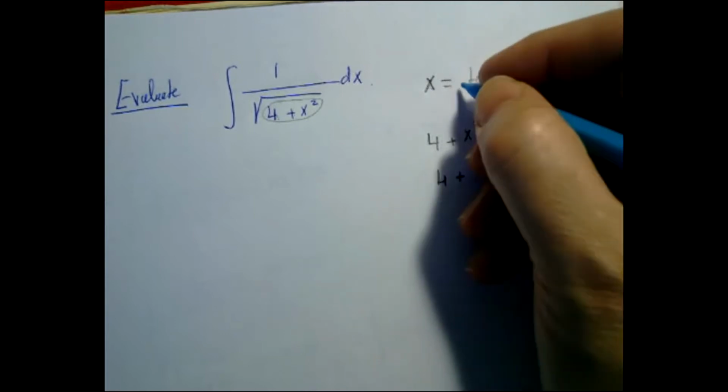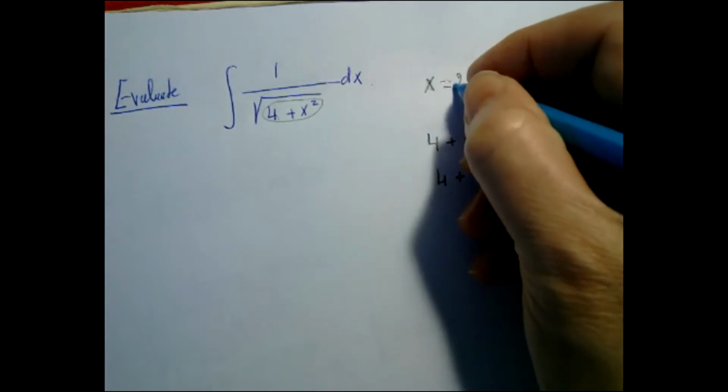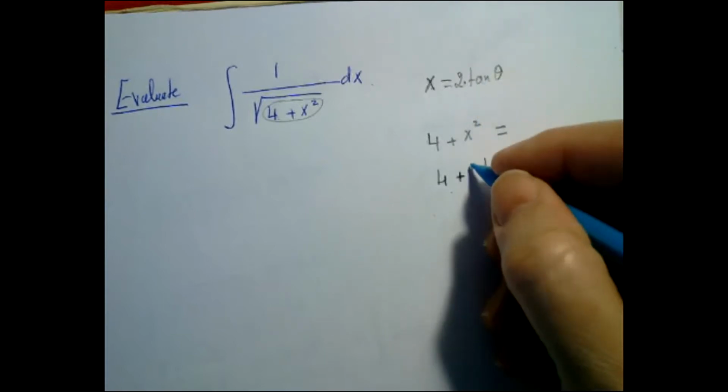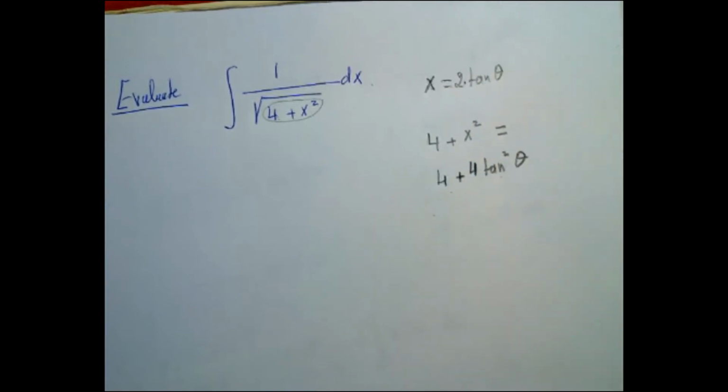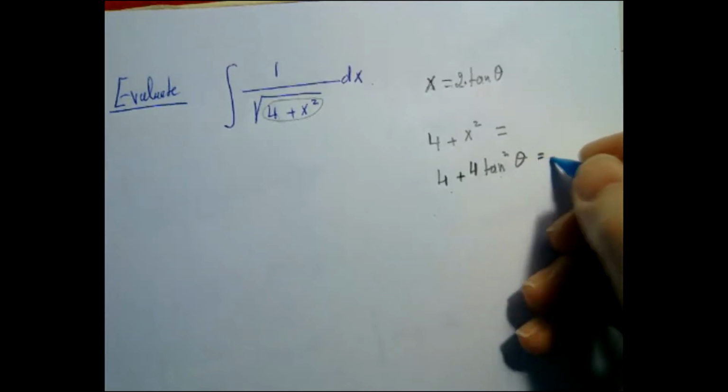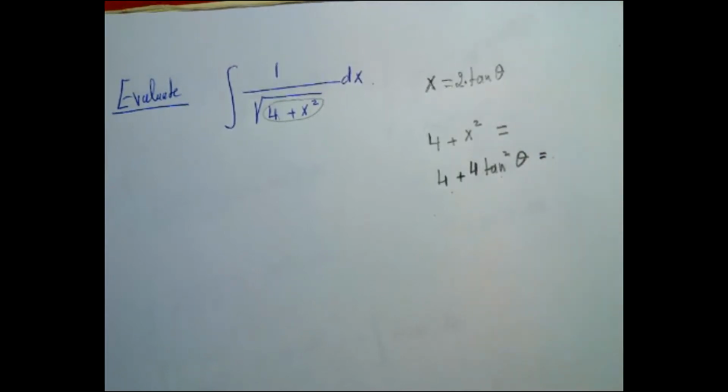So the game we're going to play is, I will put here 2 times tangent. One of your classmates suggested that on chat. What's the benefit of this? X squared will become 2 tangent times 2 tangent, 4. Can you see where this is heading?